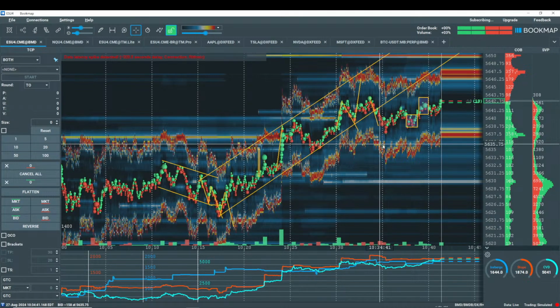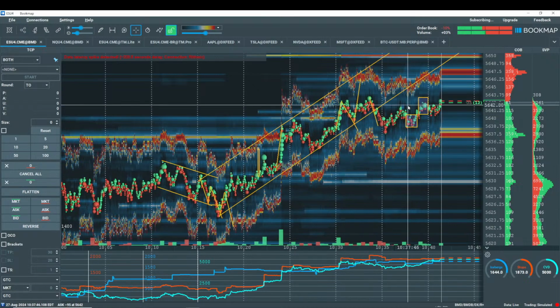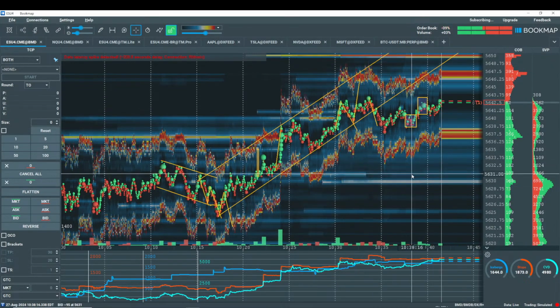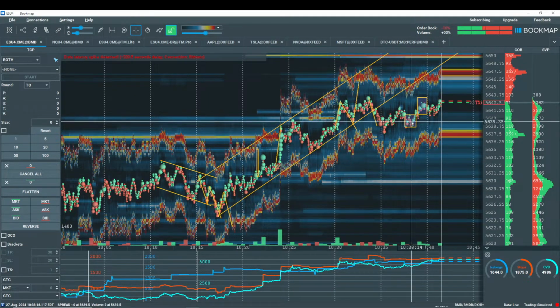It turns into a little cup and handle right there, as you can see. There's a little handle right in here. And let's see it, buyers. Let's see the squeeze, let's see the move.